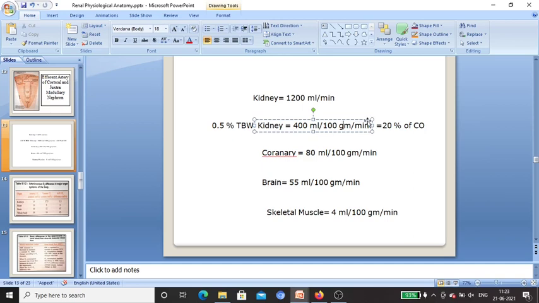So why do we need this high perfusion to the kidney? Because we have to remove all metabolic waste products from our body as soon as possible. And another characteristic of renal blood flow is that it is directly proportional to the pressure difference between the renal artery and renal vein.